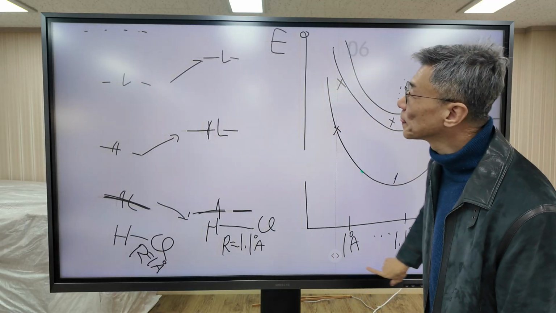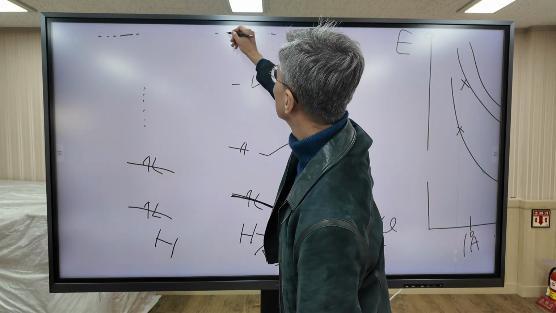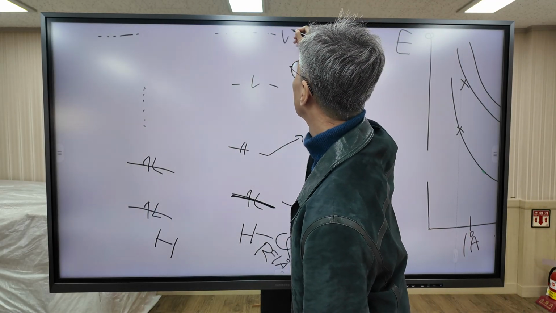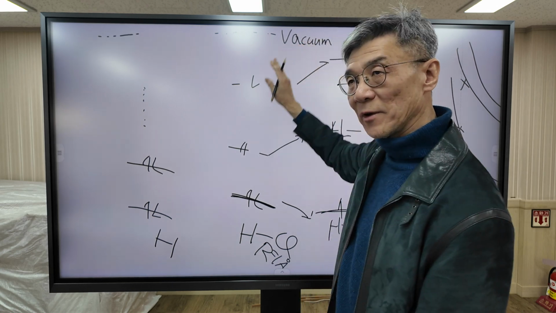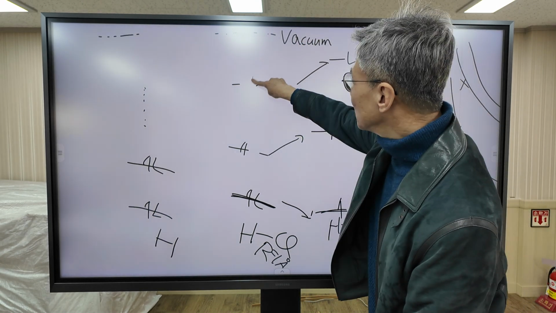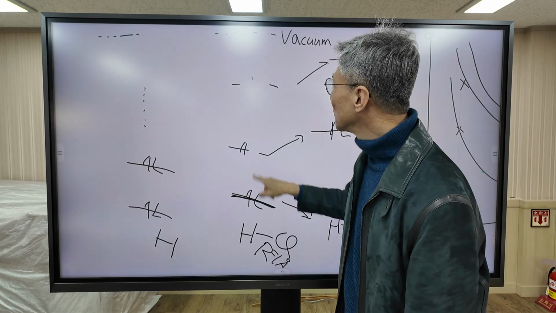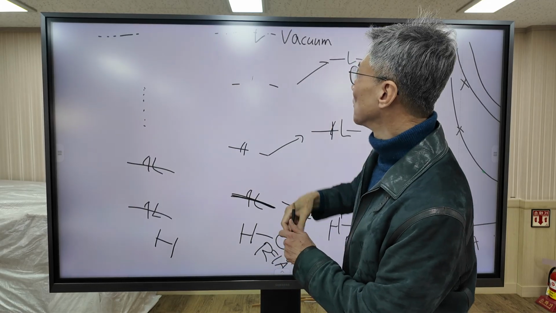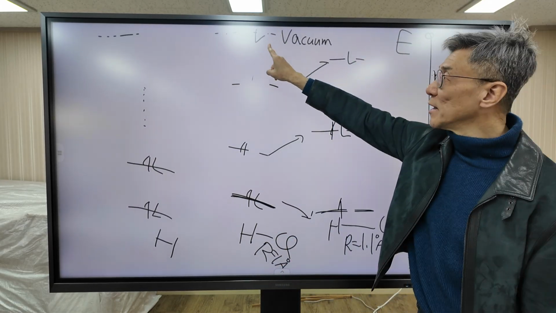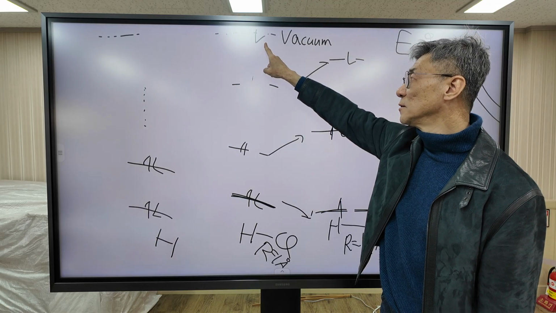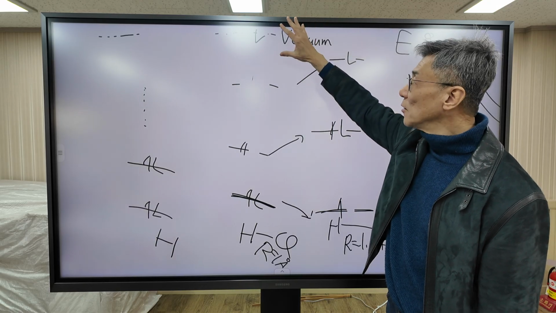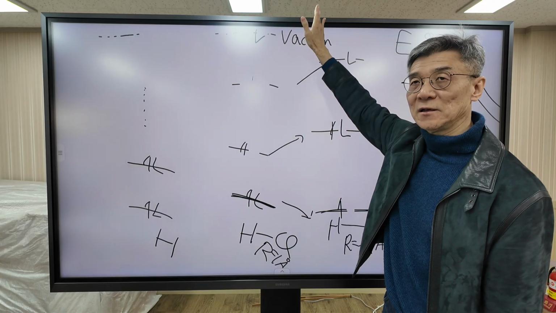Now this dotted line is called the vacuum level. Sometimes the electron is promoted to the vacuum level. This means that the electron is removed from the nucleus. Now this molecule is ionized.